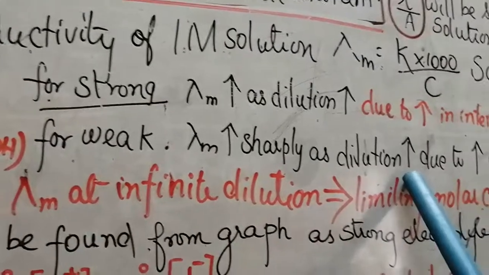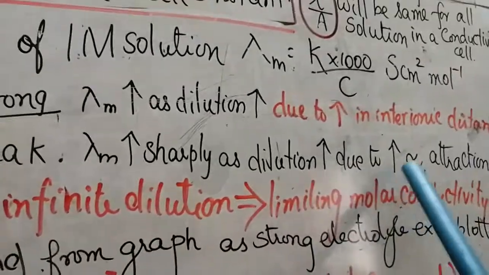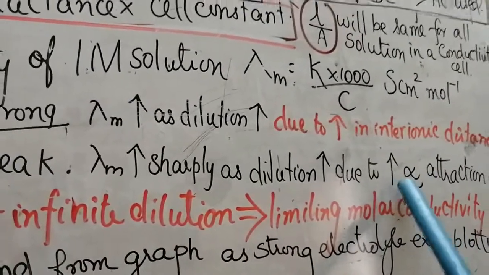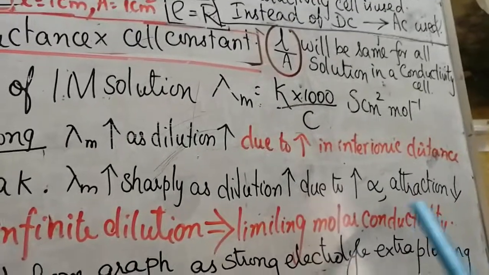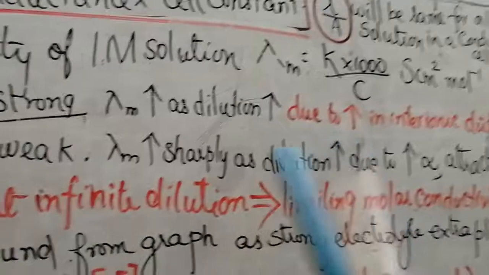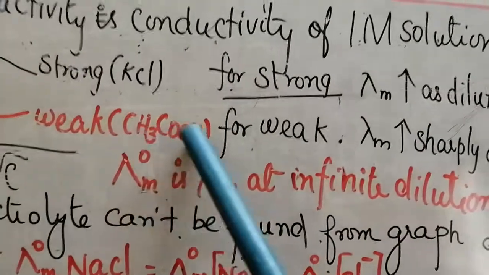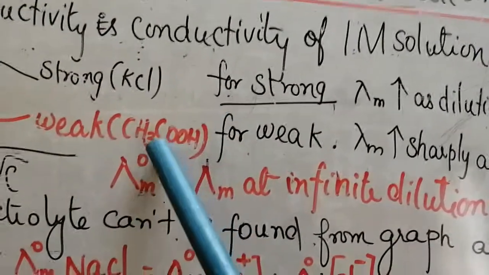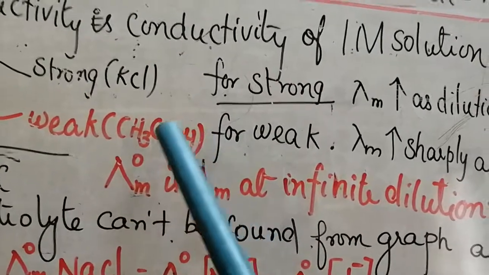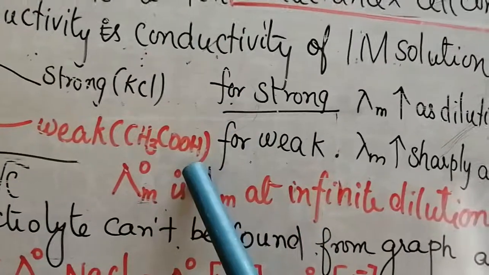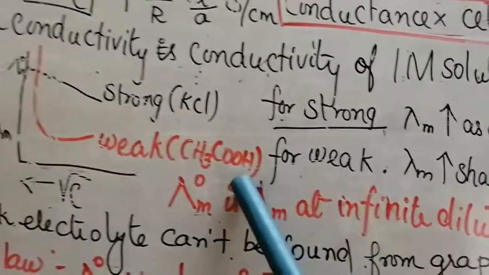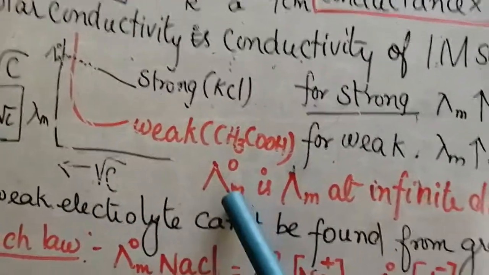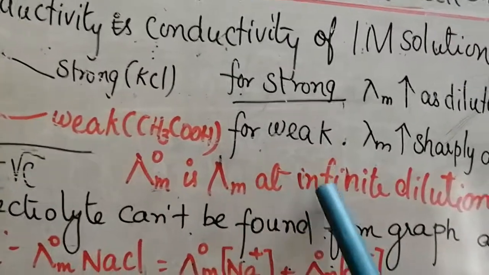As dilution increases, there is an increase in alpha, the degree of dissociation, as well as a decrease in attraction. If you take acetic acid, when you dilute, the attraction between the acetate ion and H plus ion decreases. So automatically the ions separate and the degree of dissociation increases.